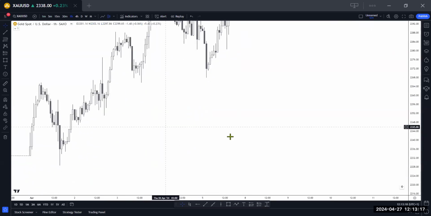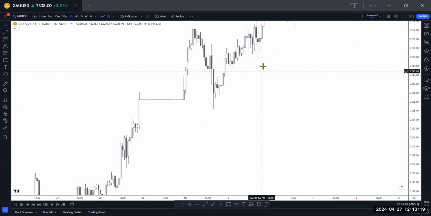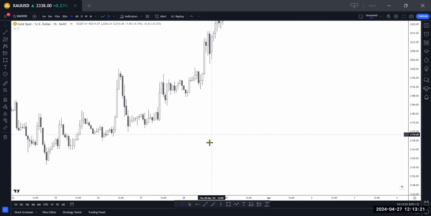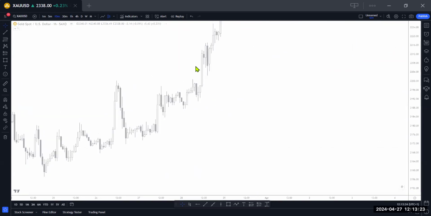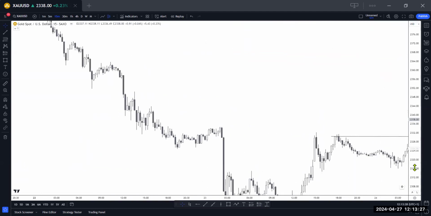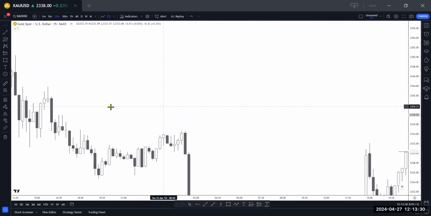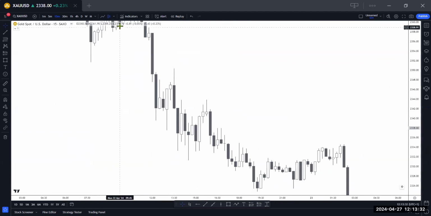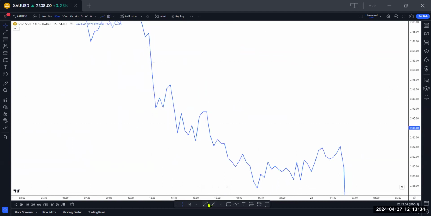Another example. Let me go to a much lower time frame. Okay, another example right here. So this is your V, right?